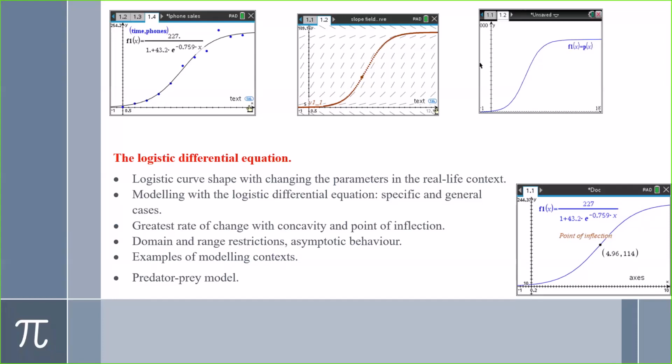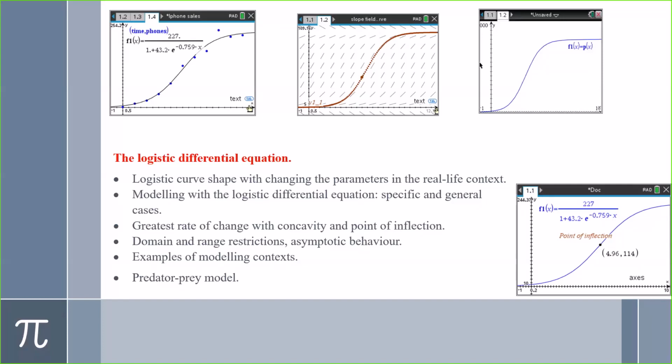So this part is sort of the same, but we didn't look exactly at the logistic curve per se, and we don't even know that much how much will be on the exam. But there is definitely scope for lots of investigations looking at the logistic differential equation and the logistic curve.